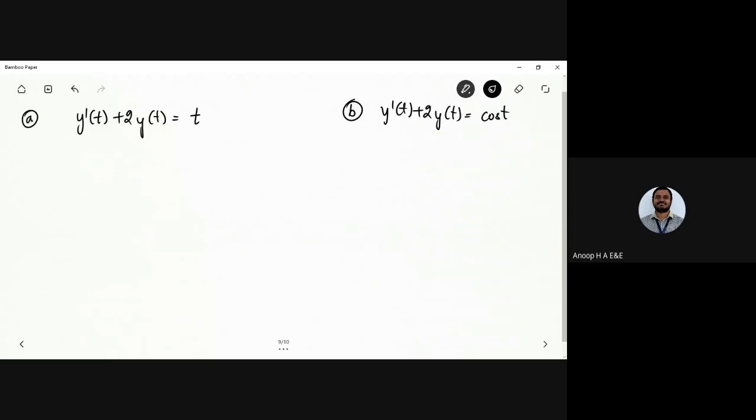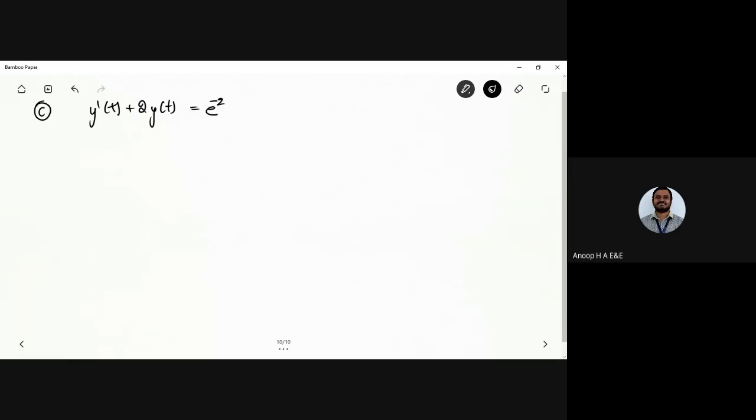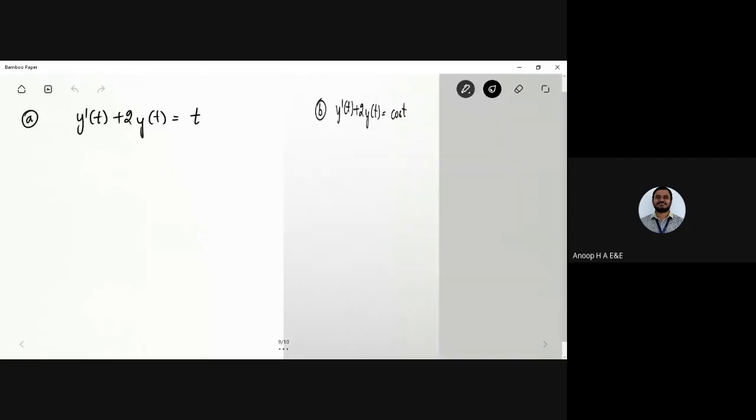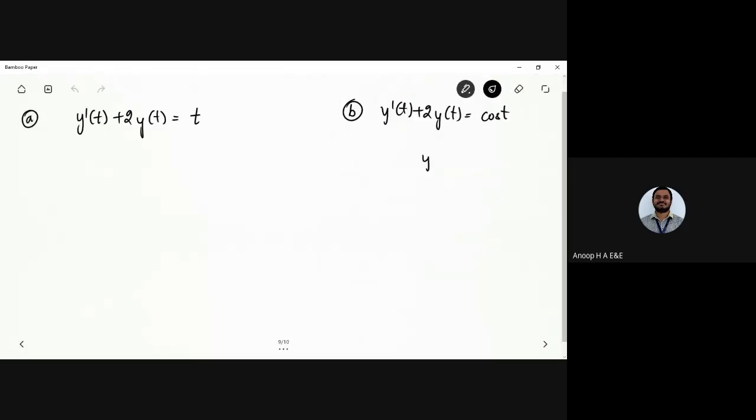The third: y dash of t plus 2y of t equal to e power minus 2t. Here y dash is nothing but d by dt of y of t, and y double dash would be d squared by dt squared of y of t. I'm going to differentiate it twice.